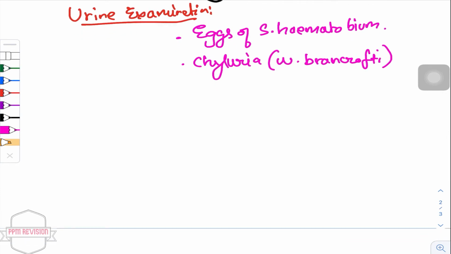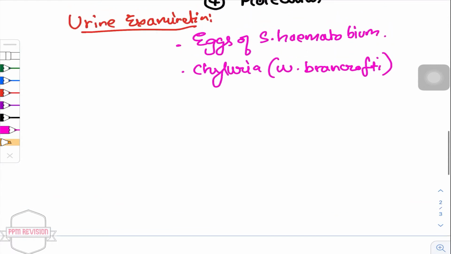Microfilaria may be demonstrated in chylous urine. So in this particular case, microfilaria can be seen.